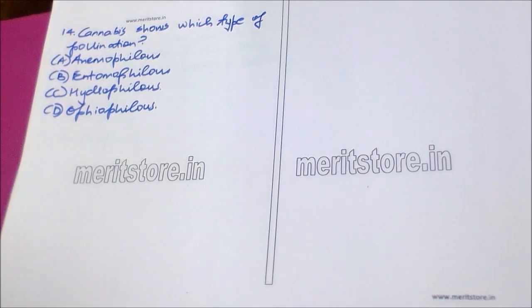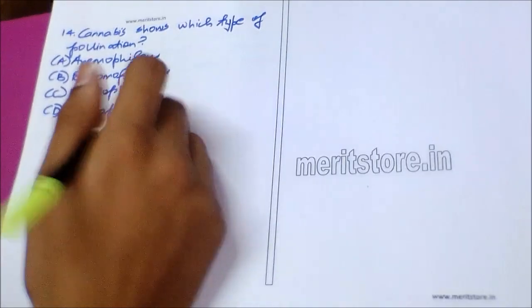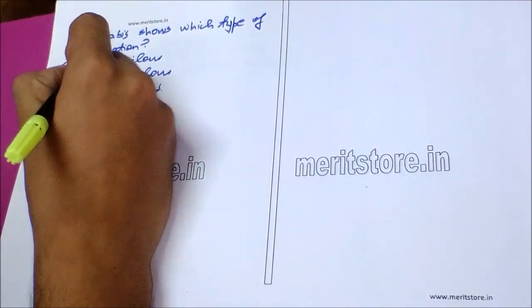Cannabis shows which type of pollination? Option A, anemophilous, option B, entomophilous, option C, hydrophilous, and option D, ophiophilous. Cannabis is a cross-pollinated plant which shows pollination by wind, which is known as anemophily, and therefore cannabis is anemophilous.